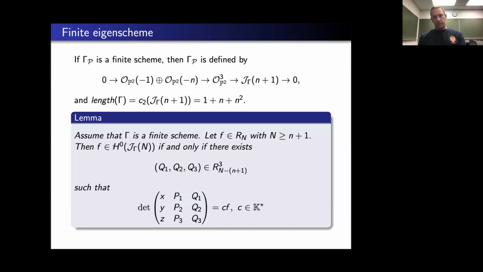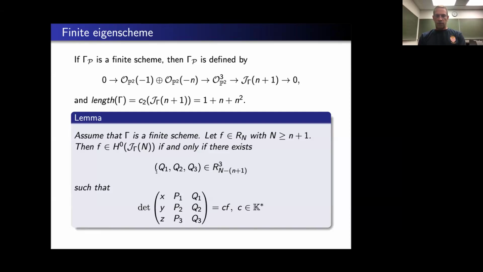All that this is saying is that f is a polynomial which goes through that scheme, so one could think of this as saying that f is a degree n plus 1 polynomial which lies in the ideal of that scheme exactly when we have 3 polynomials, Q1, Q2, Q3 of an appropriate degree, such that the determinant of this matrix is f. And if you remember, this is exactly Sato's criterion. So we're translating Sato's criterion into some condition related to eigenschemes.